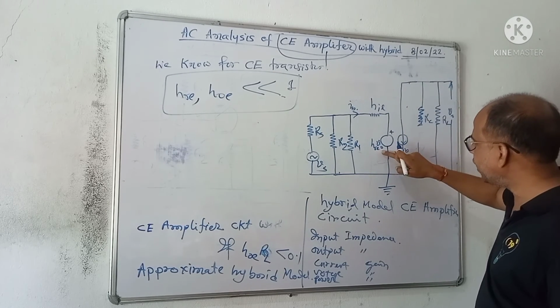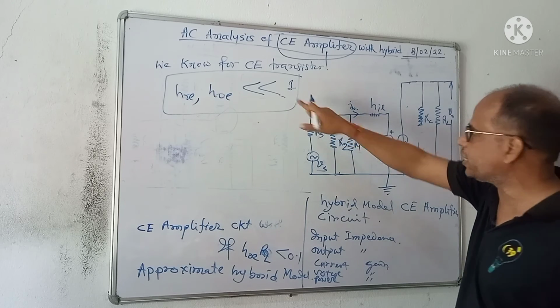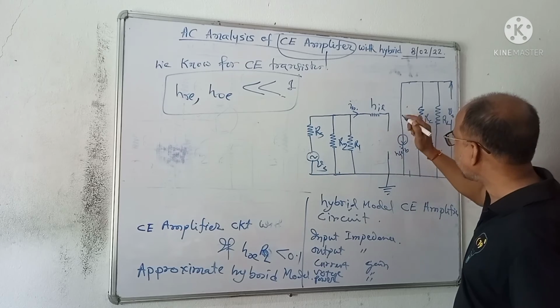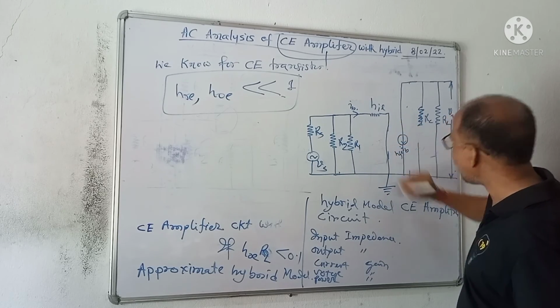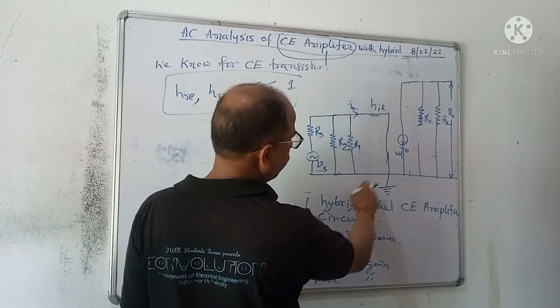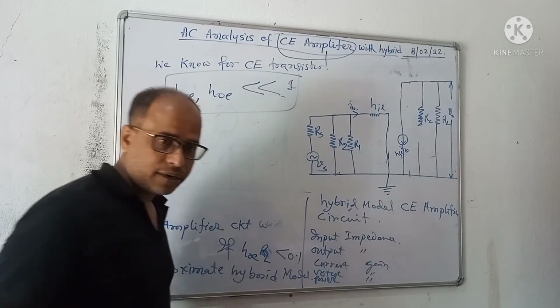And HRE is approximately 0, therefore forget about this. Therefore this is the approximate hybrid model of the amplifier.